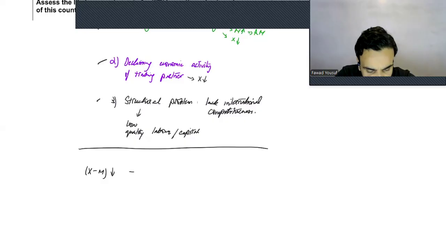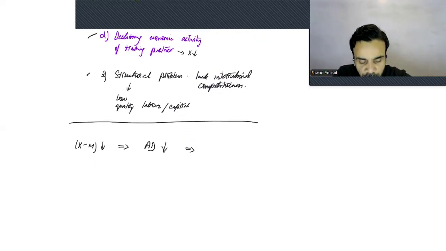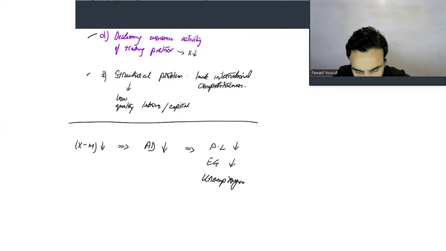I can connect this to, as a result, AD will fall. And when AD falls, price levels will fall, economic growth will fall, unemployment will rise. I'm giving the connection from there.